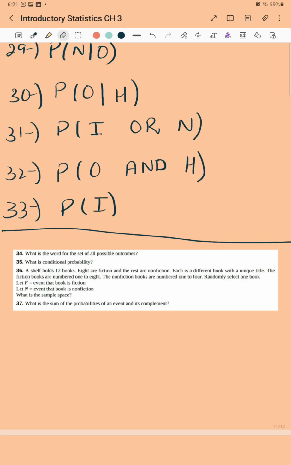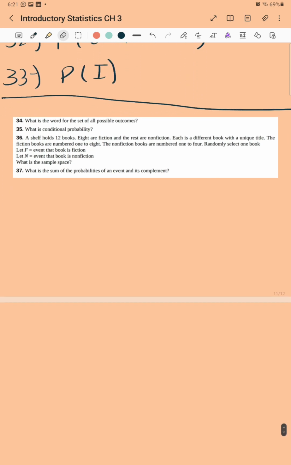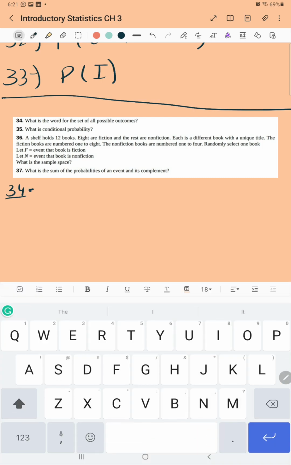ठीक है. Okay. Coming to question number 34, what is the word for the set of all possible outcomes? यानी कि सब possible outcomes के लिए हम कौन सा word use करते हैं.